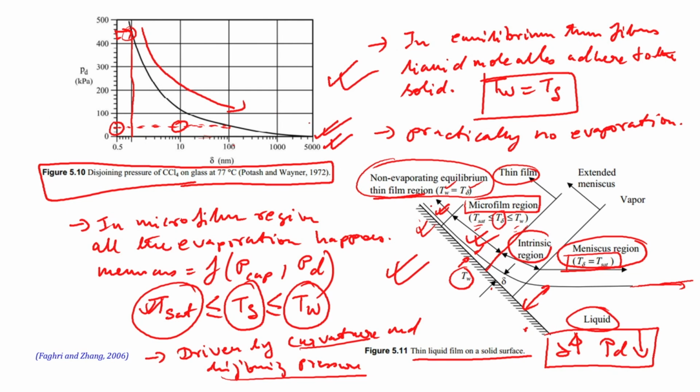If you recall this graph, you can easily see that when the film thickness is about 5000 nanometer, which is 5 microns, and the human hair is about 100 micron, so it is rather 1/20th of a human hair, that is the thickness we are talking about. When the film thickness is like that, the disjoining pressure is practically equal to 0, virtually negligible. So in the microfilm region most of the evaporation takes place, it is ideally suited for that.